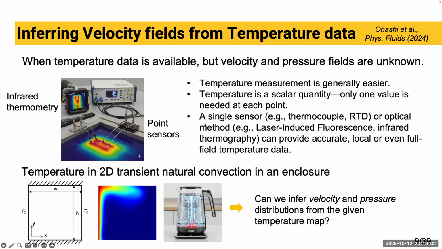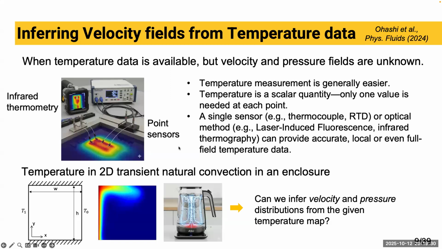But if you think about the velocity measurement, you need to track the motion of particles, or you should do something similar. So compared to the velocity measurement, temperature measurement is much easier. And normally people employ single sensors such as thermocouples, RTDs, and we can also employ optical approaches such as laser-induced fluorescence and infrared thermography.